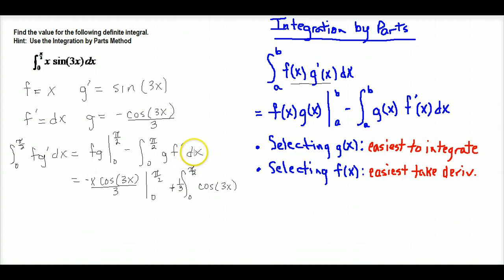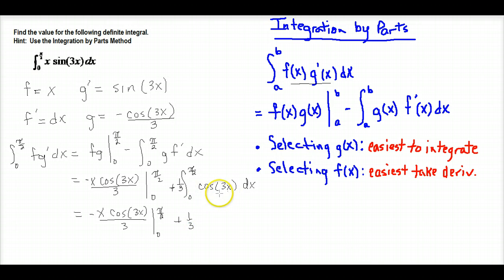And then the f prime dx part is just the dx. And so we'll rewrite the first term here, noting that that's evaluated from 0 to pi over 2.